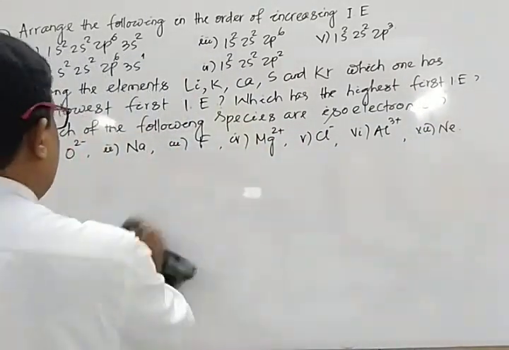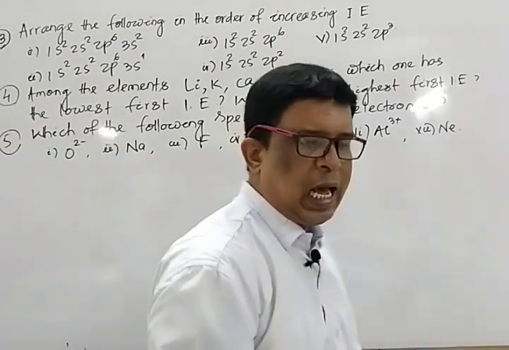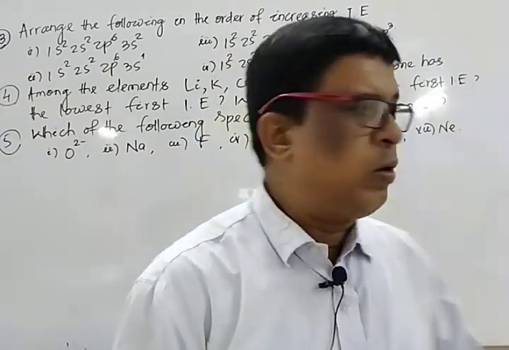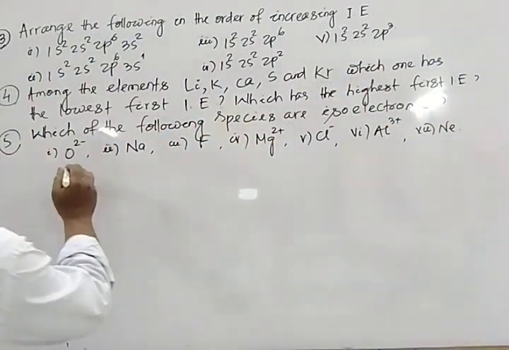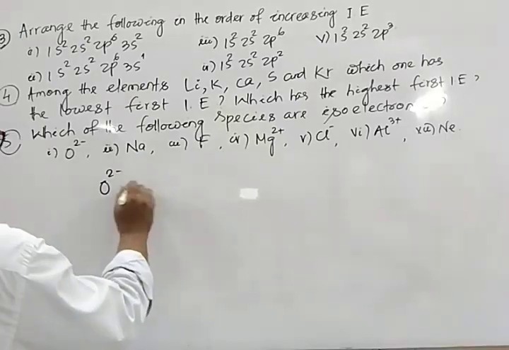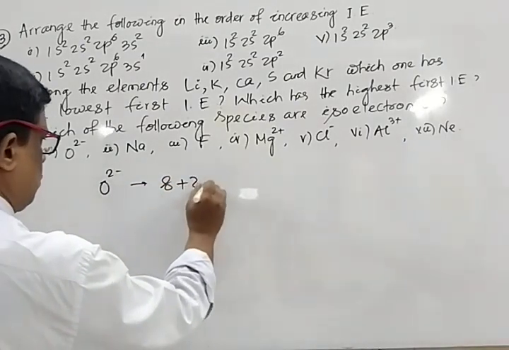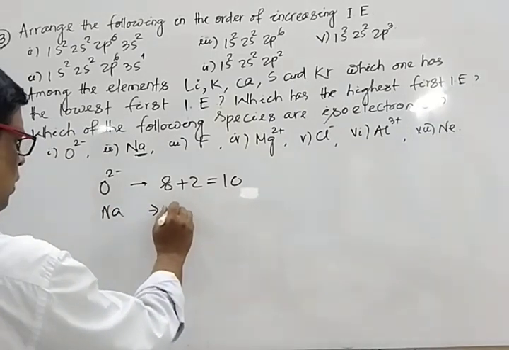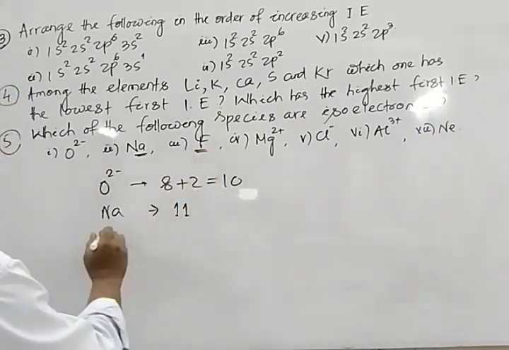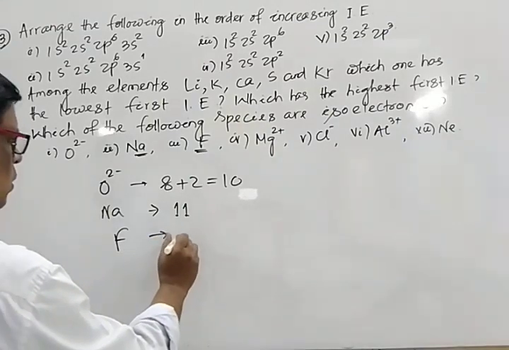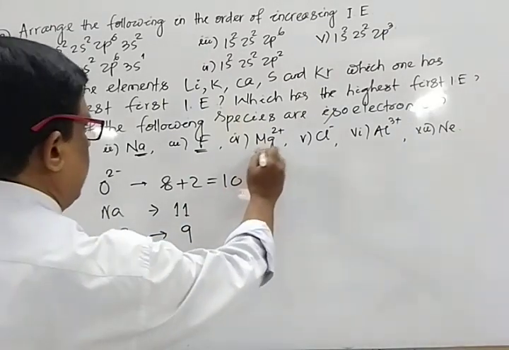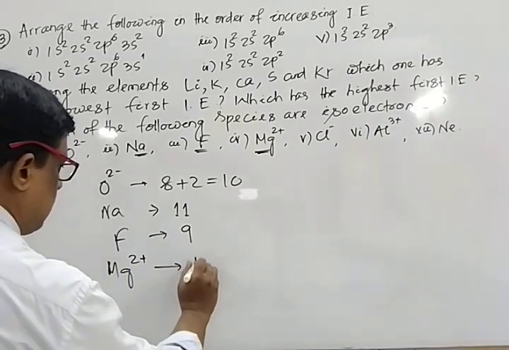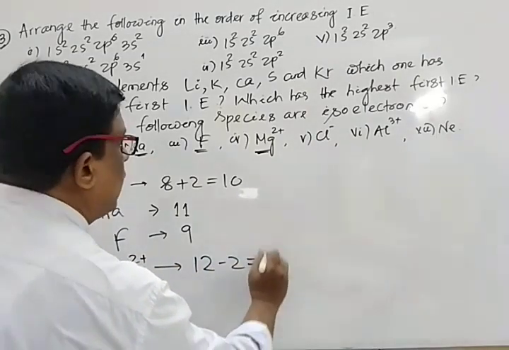Mark the question. Which of the following species are isoelectronic? Means possess the same number of electrons. Mark that. First one O2 minus, atomic number 8 plus 2, that is 10. Sodium, atomic number 11. Then fluorine, atomic number 9. Next, magnesium Mg2 plus, atomic number 12 minus 2, that is 10.